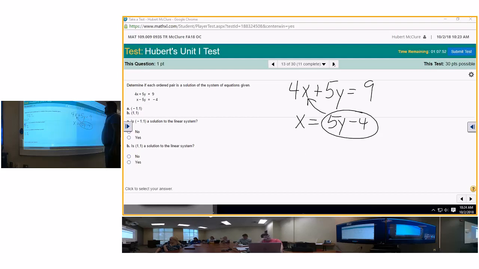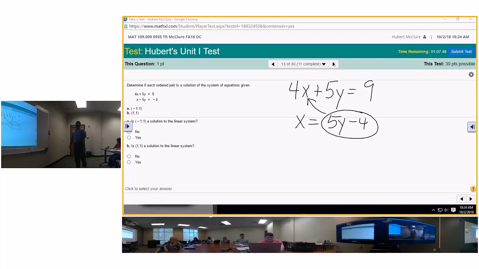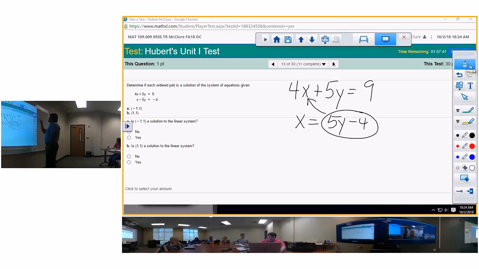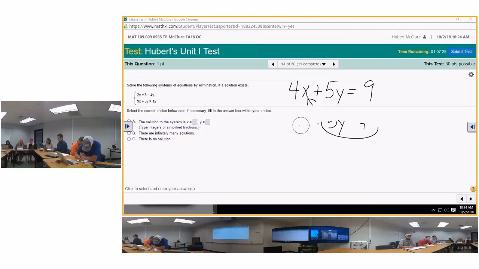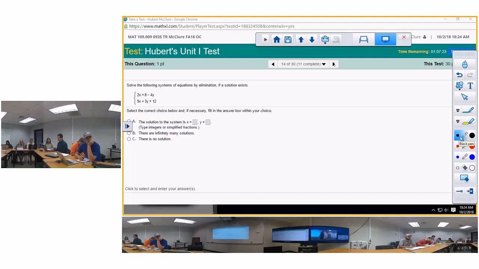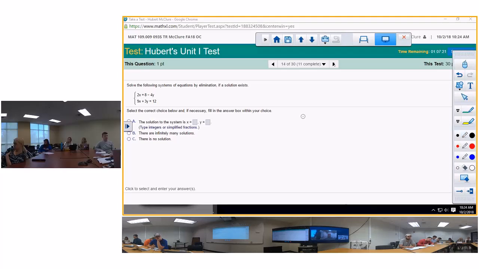I think that's why they put that x by itself, to see if you run with it with the substitution. Next. Another one, elimination, it tells you. I'll write it down for you. And that's going to be 2x.